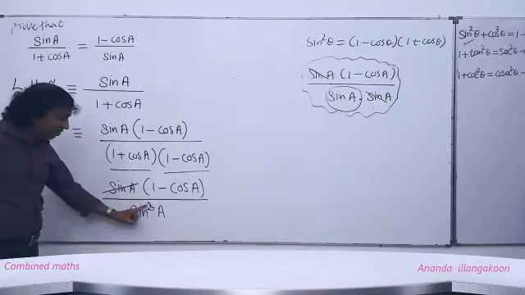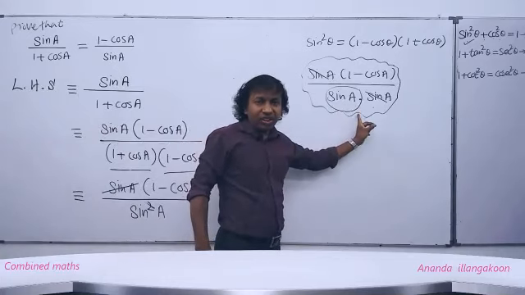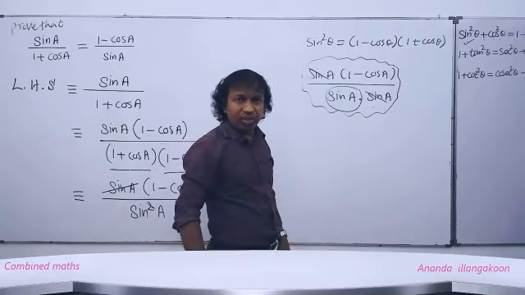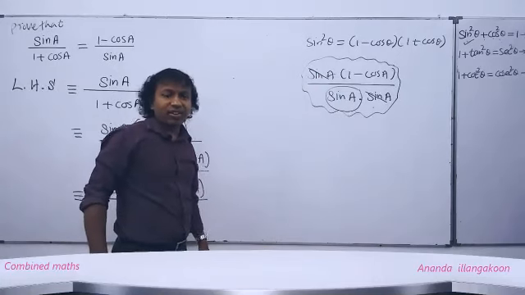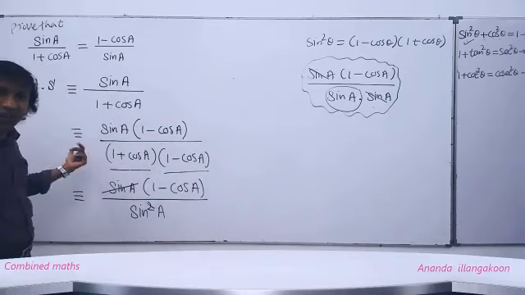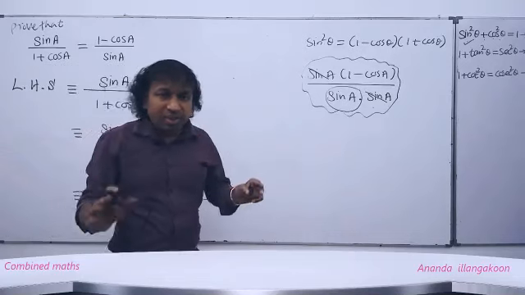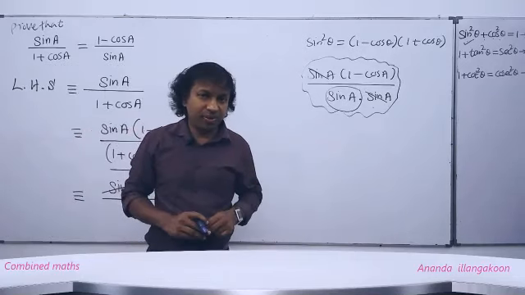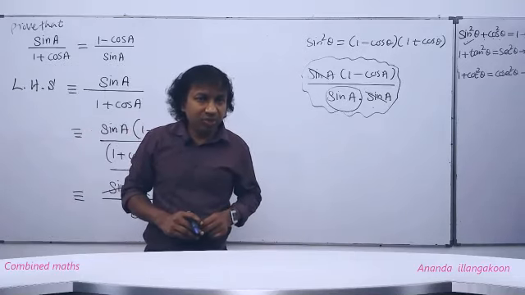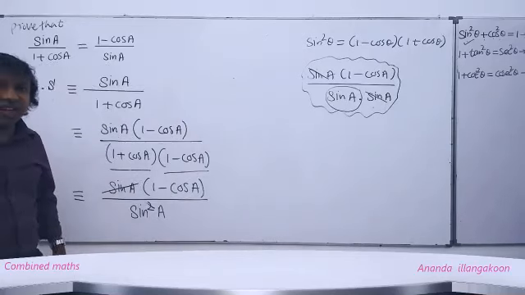What I did, finally, removing sine A from the numerator, only one sine A term should be at the denominator. That must be the final result. Getting that result, we cancel down the rest. We do like that in order to minimize one step.